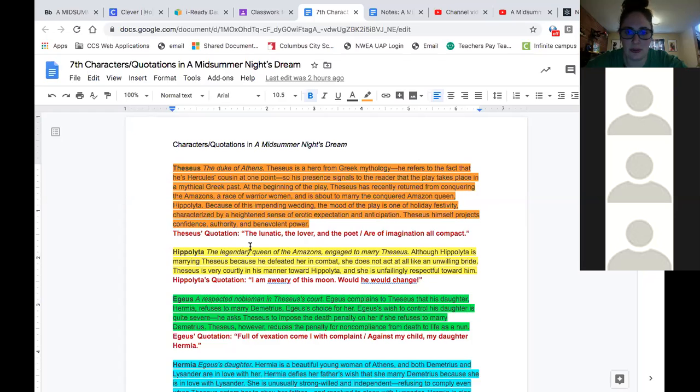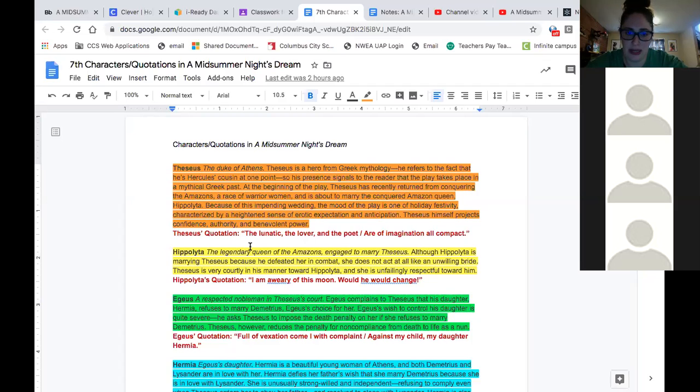Theseus is a hero from Greek mythology. He refers to the fact that he's Hercules' cousin at one point. So his presence signals to the reader that the play takes place in a mythical Greek past. At the beginning of the play, Theseus has recently returned from conquering the Amazons, a race of warrior women, and is about to marry the conquered Amazon queen, Hippolyta.